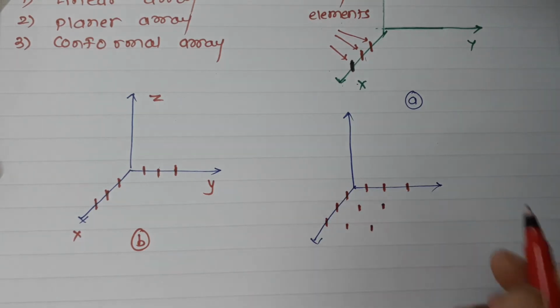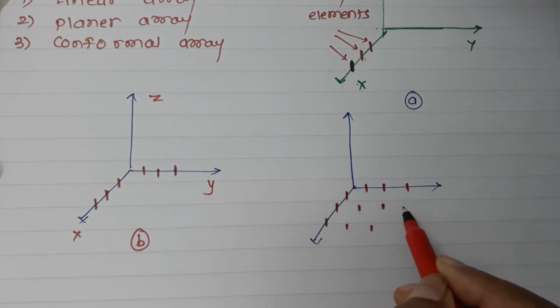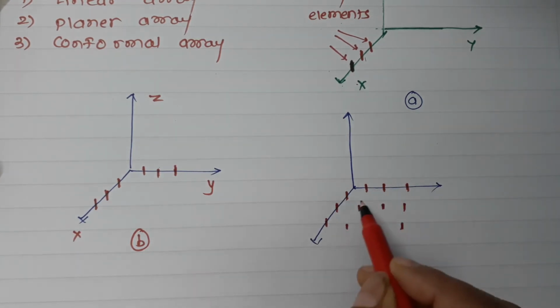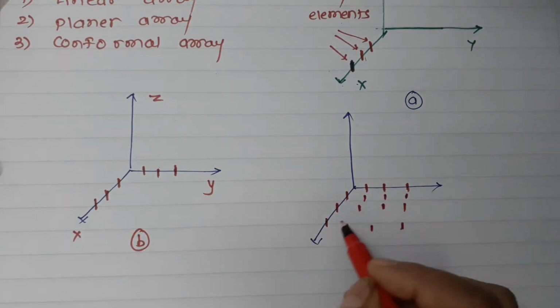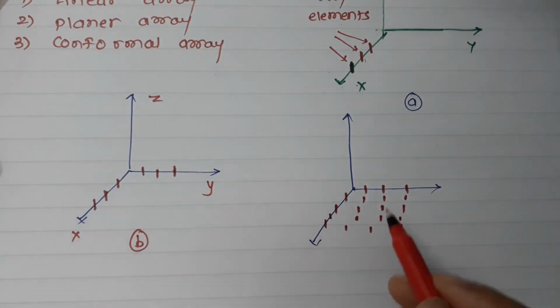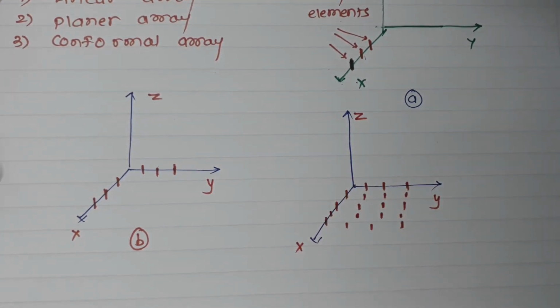So we are keeping four antenna elements like this, and somewhere here also. I have kept these antenna elements along the xy plane, you can say. Let us say this is figure number C.